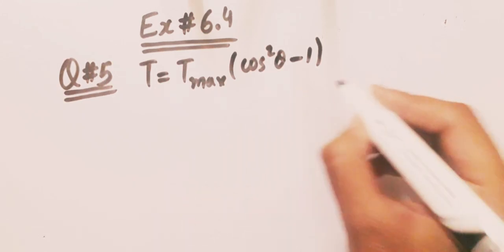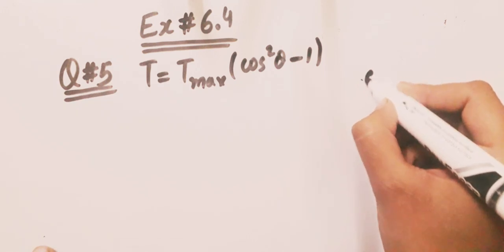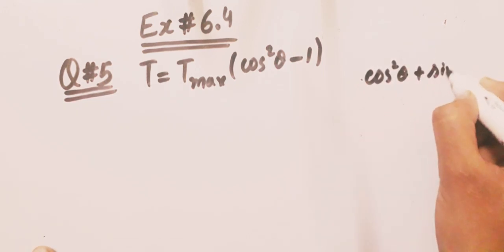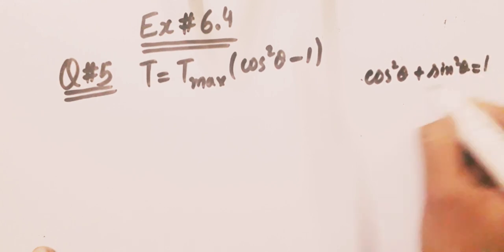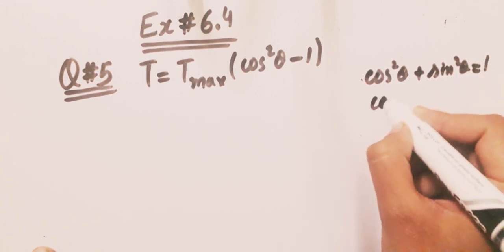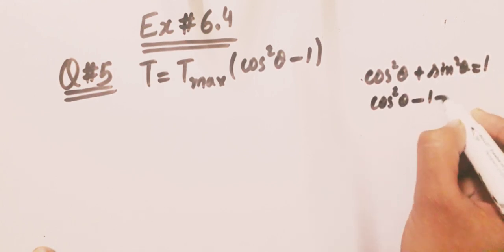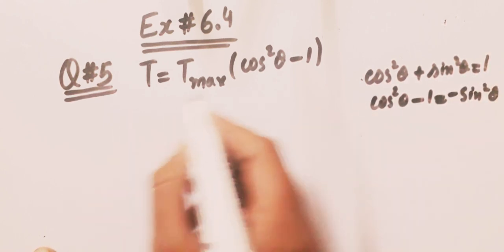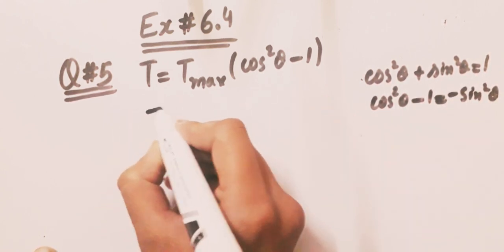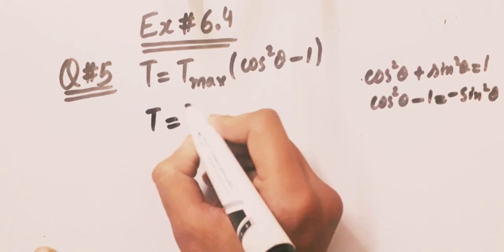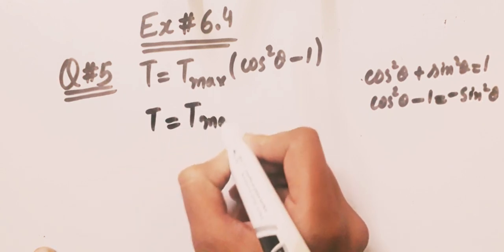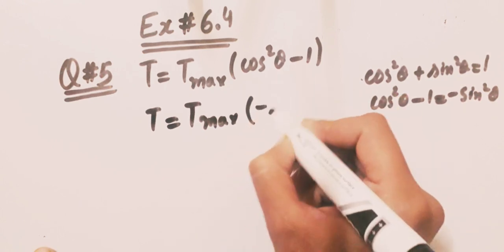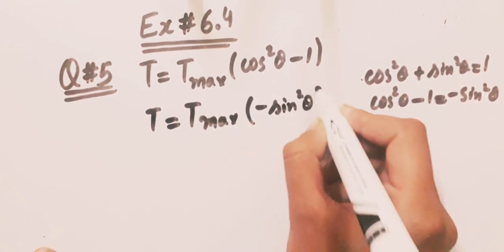So first of all, we know that cos square theta plus sine square theta is equal to 1. So cos square theta minus 1 will become equal to minus sine square theta. You will substitute this value here. t is equal to t maximum, cos square theta minus 1 will become minus sine square theta.